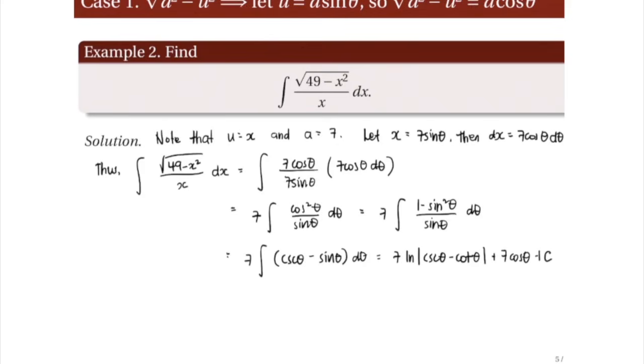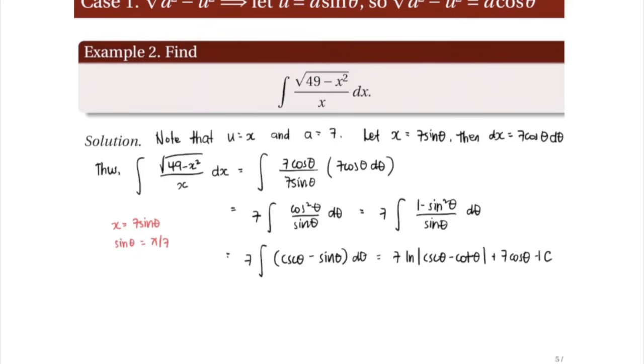So again, dito papasok yung problem natin before na meron tayong expression na merong cosecant and cotangent. So again, we know, once again, that x is equal now to 7 sine theta. Tapos, this would tell us here that sine theta is actually x over 7.